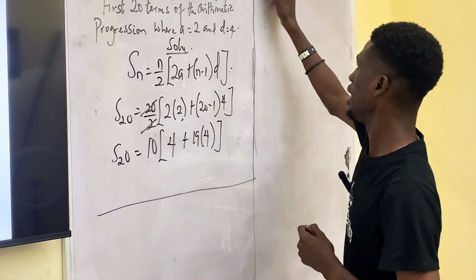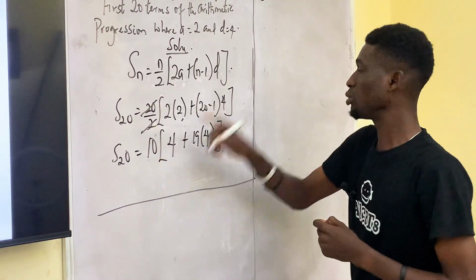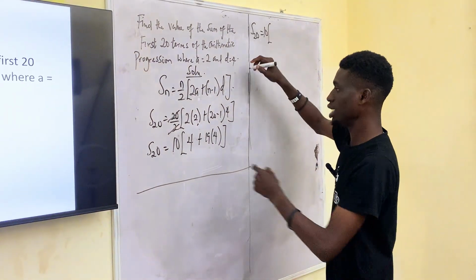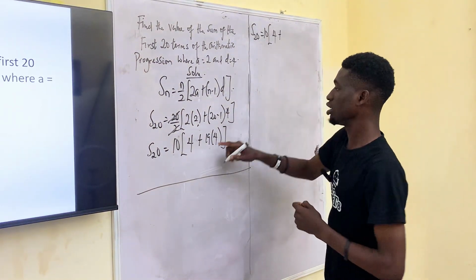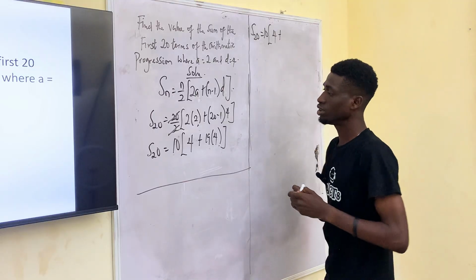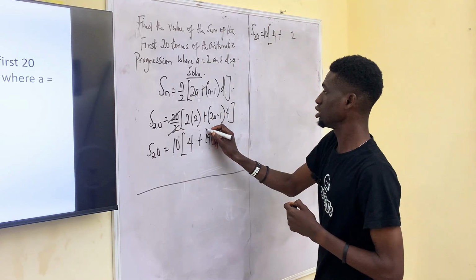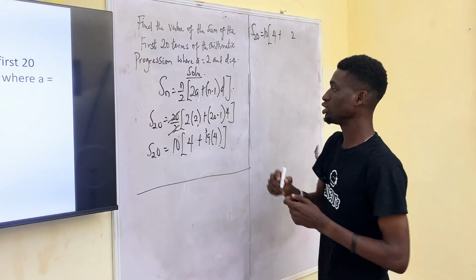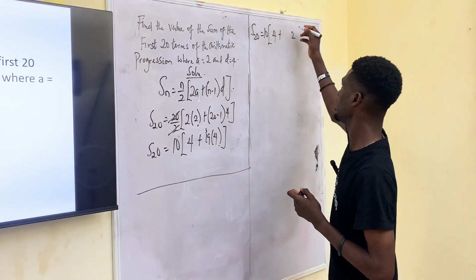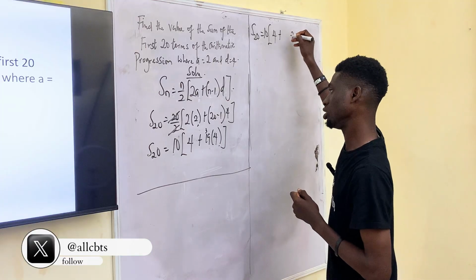So the sum of the first 20 terms, we're left with 10, open the bracket, 4 plus 19 times 4.